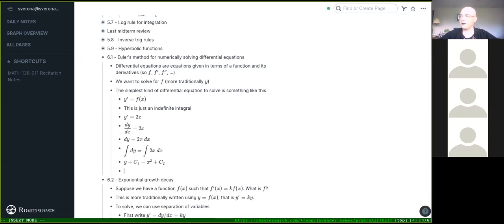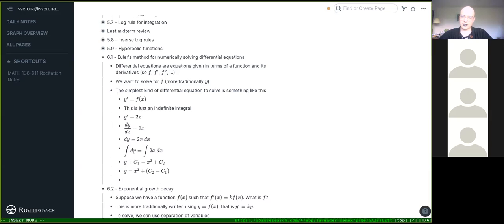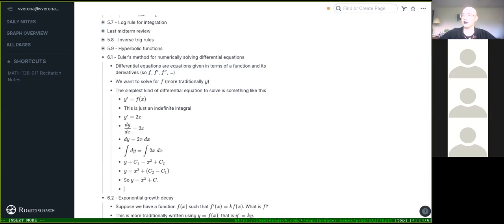But one thing I can do to make this a little bit simpler is I can just combine these constants. And a constant minus a constant is another constant. So I can just say y equals x squared plus c. Okay.